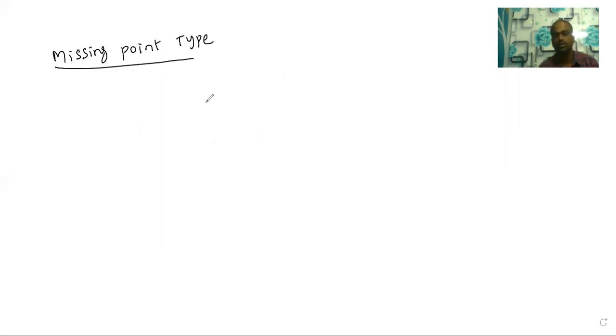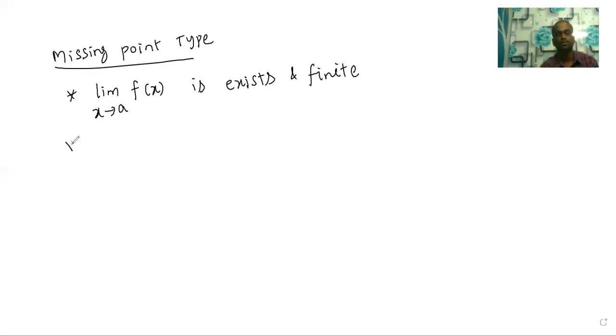As it is one of the removable type discontinuities, the limit of the function at a exists and is finite. The second point is that f of x is not defined at a. So here the limit of the function exists, but the function is not defined at a.